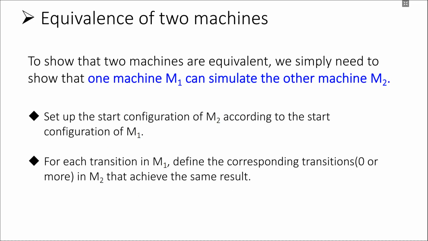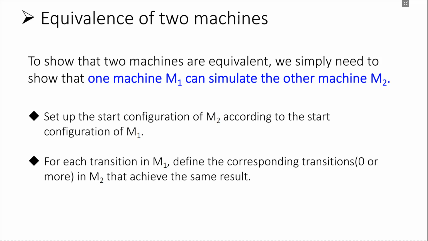Since we want to check whether some modifications limit or expand the power of ordinary Turing machines, we need to show whether they are equivalent to some less powerful or more powerful machines. To do so, we show two machines are equivalent by showing that one machine, M1, can simulate the other machine, M2.